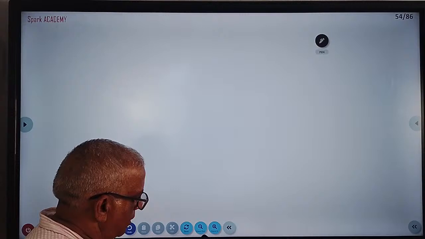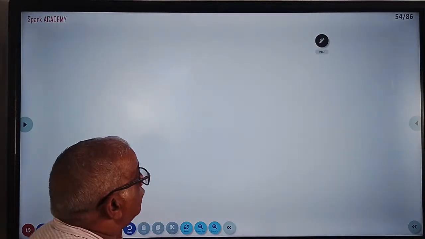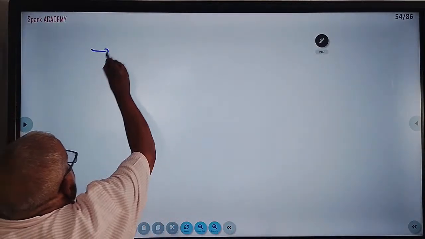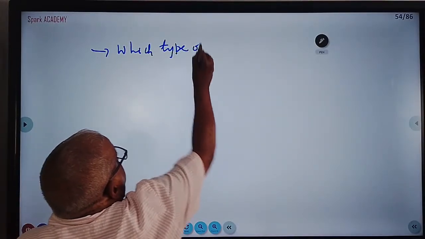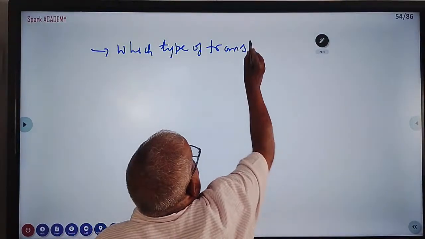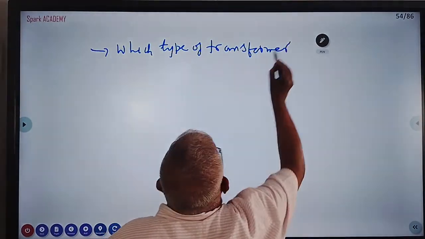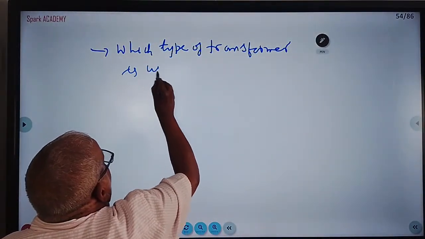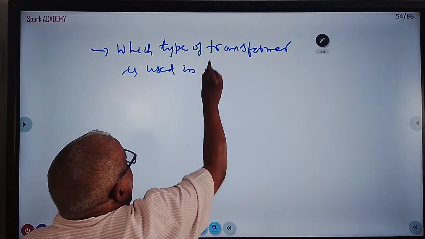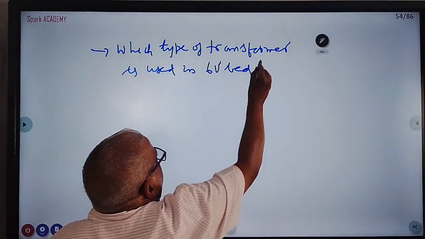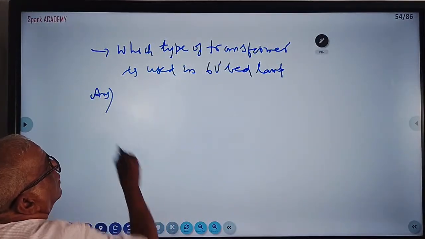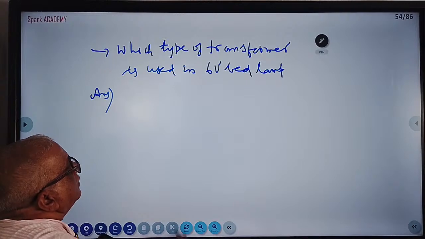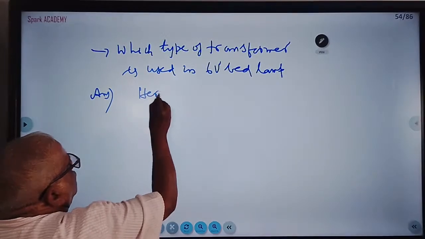Next. Which type of transformer is used in a 6 volts bed lamp? Answer: here a step-down transformer is used.